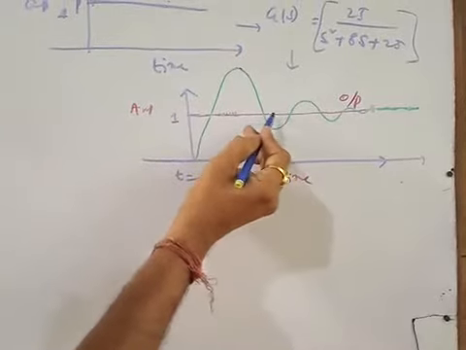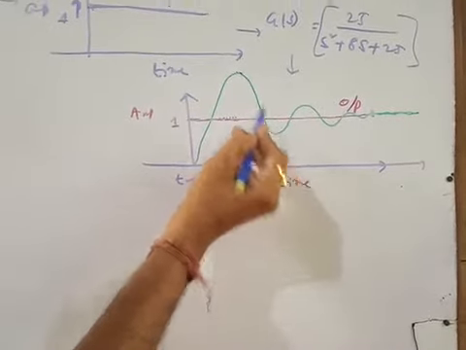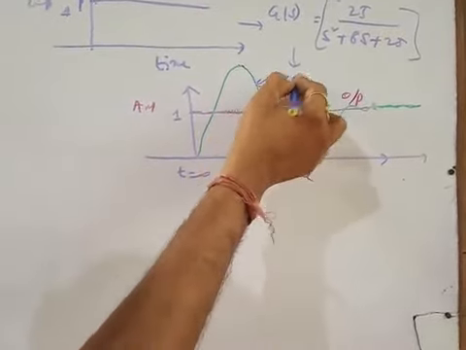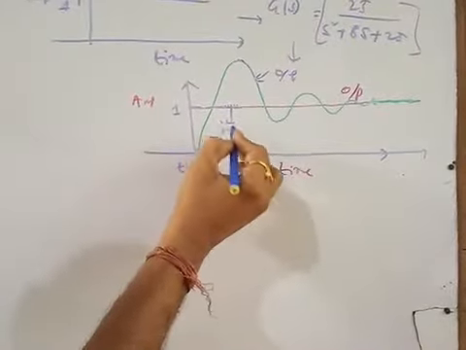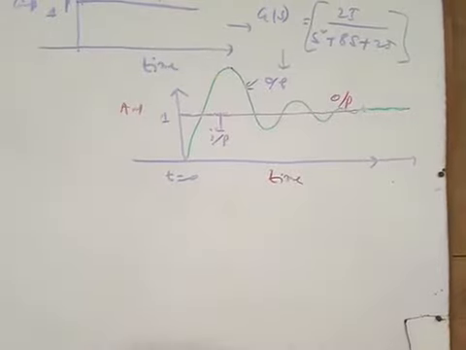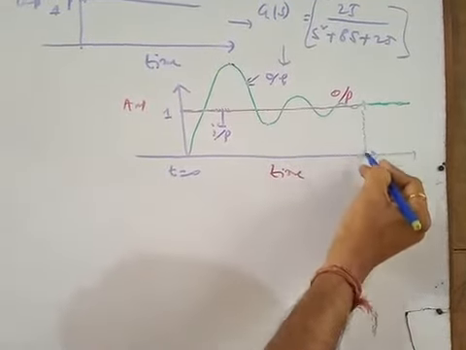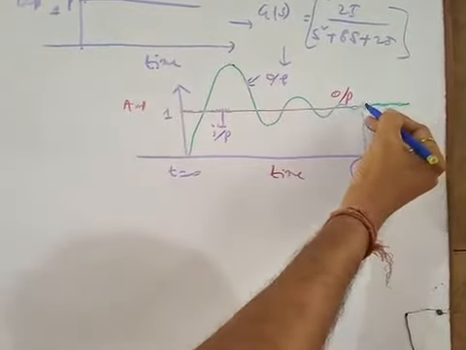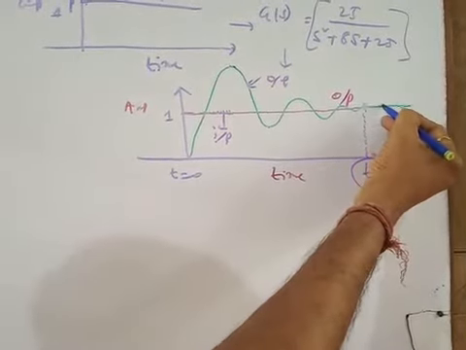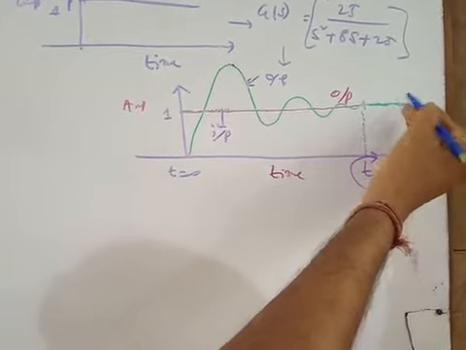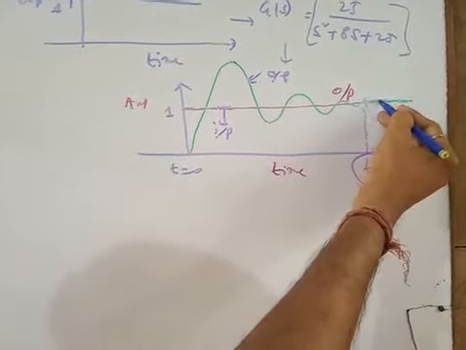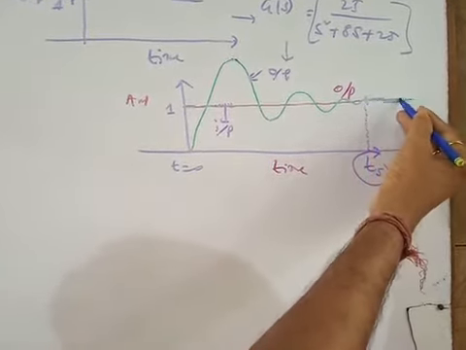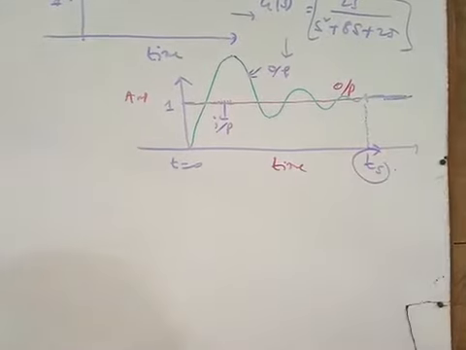This is your output curve, and this is your input curve. The output curve varies like this, and after a certain time interval, say ts, you get a value of output very close to the input value, or a straight line where there is no difference between output and input.